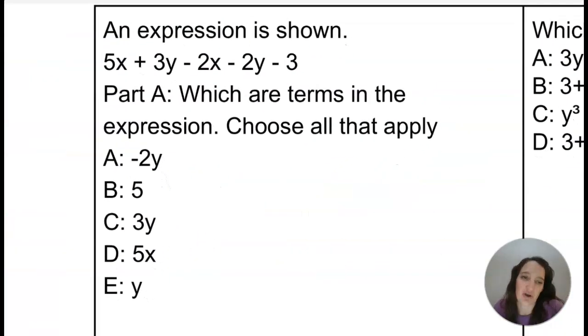An expression is shown: 5x plus 3y minus 2x minus 2y minus 3. Part A, which are terms in the expression? Choose all that apply. All right, I have got to rack my brain and remind myself, what are terms?